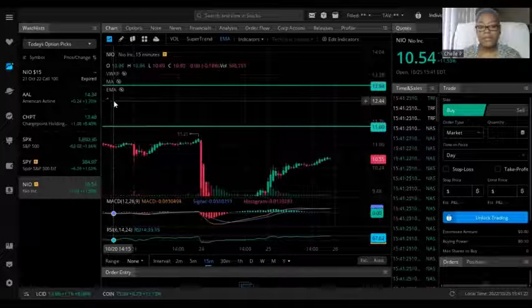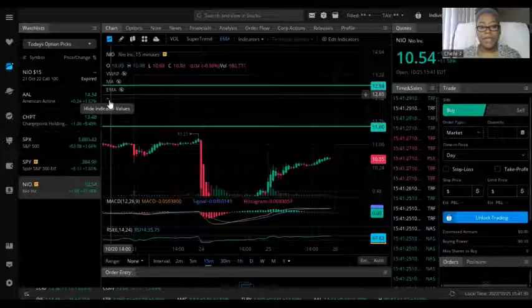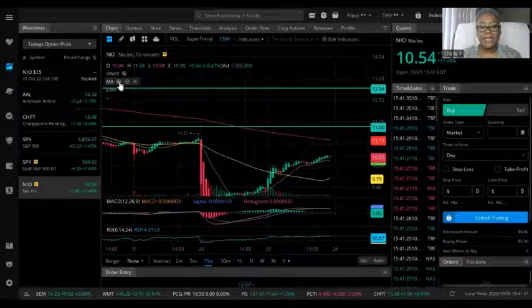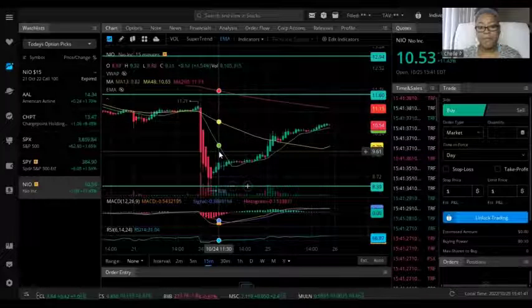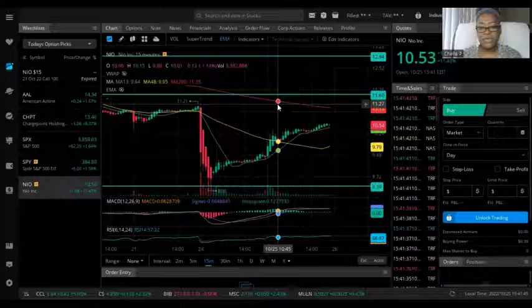Then you can click on the down arrow, and it will actually open everything back up. So I'm going to put my moving averages back on the chart by clicking there. And you see I have my 13, which is in green, my 48, and my 200.